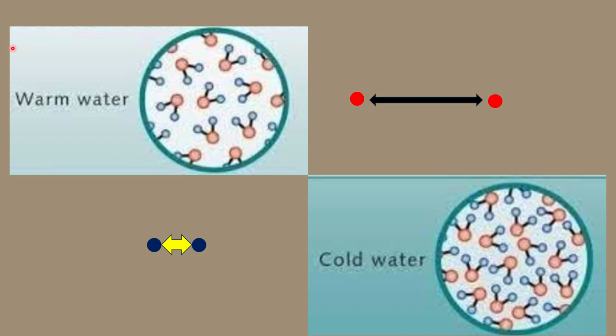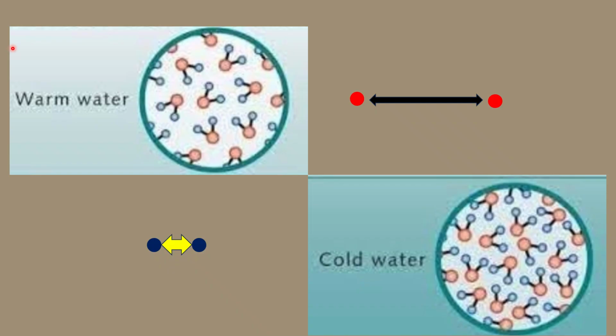What we are talking about is the anomalous expansion of water. So we have been taught in school what the meaning of anomalous expansion is. That is in the range of 0 degrees to 4 degrees Celsius.